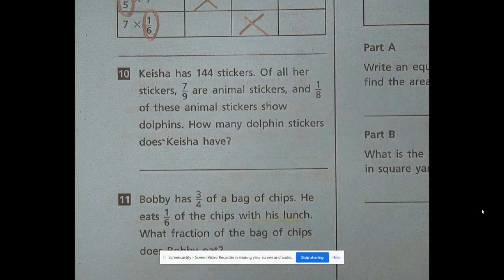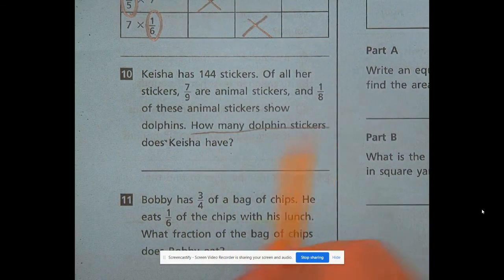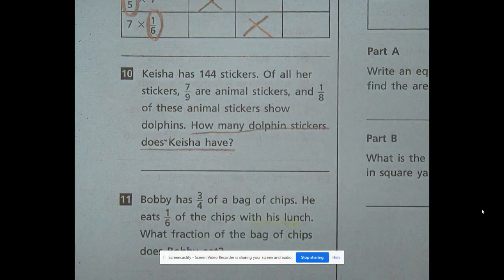But does that tell us how many of her 144 stickers are animals? They're not, right? So the first thing, because we need to find out how many dolphin stickers she has, first thing we need to know is how many animal stickers she has.